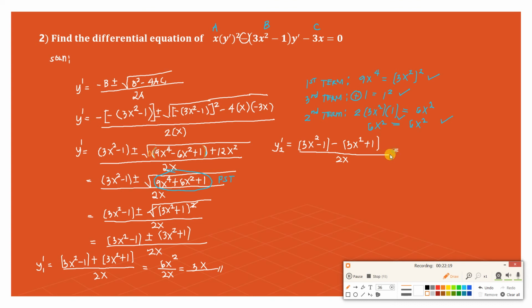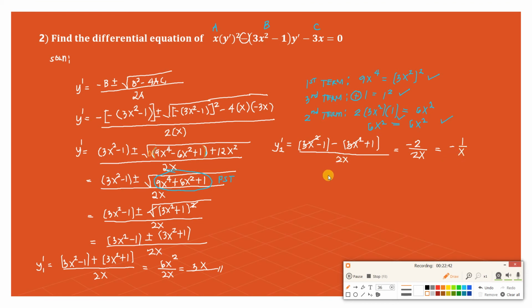Okay, equals, ayun, 3x squared minus 3x squared, cancel na to. Negative 1 minus positive 1 is negative 2 over 2x. Or, y prime sub 2 is equals to negative 1 over x.